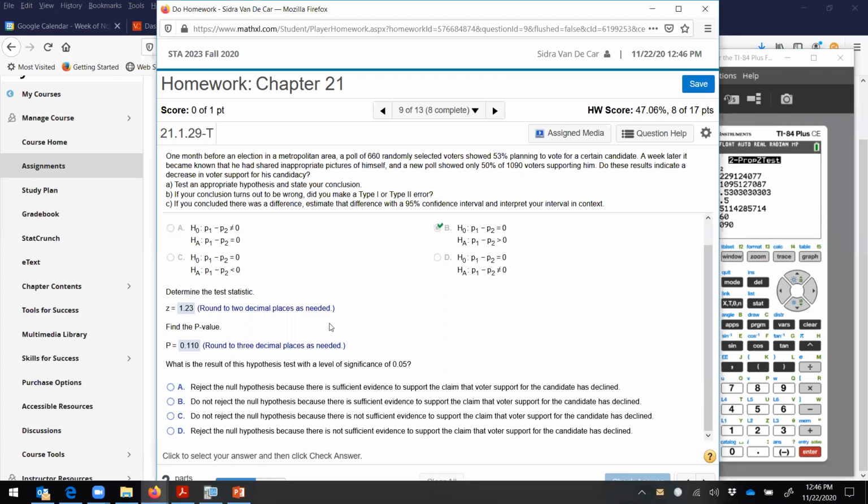And we would fail to reject. Right here, right? Because this is not bigger than an alpha value of like 0.05, right?